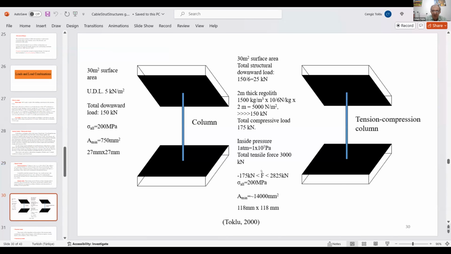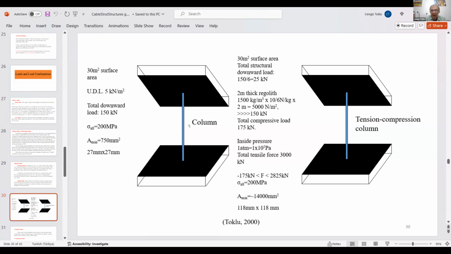Now, there is a simple calculation here. If on Earth we have a structure like this, 30 meters square, for example, with some given loads, the column area will be 750 millimeters square.